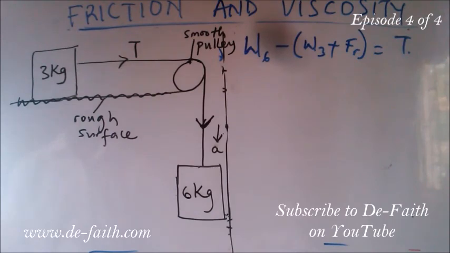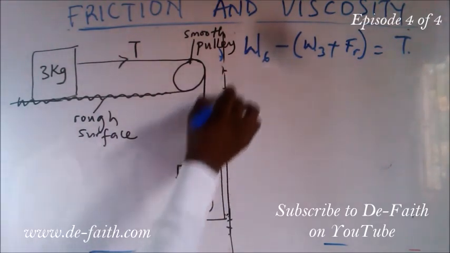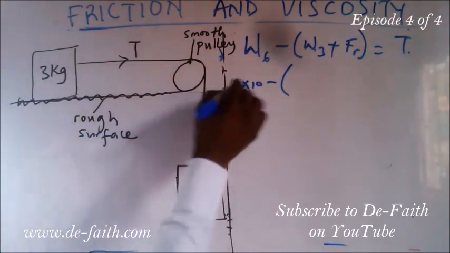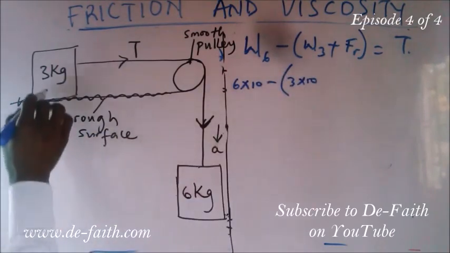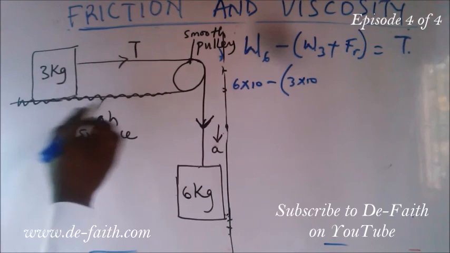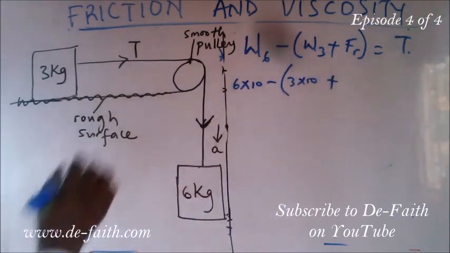The weight of this is the mass times 10, minus the weight of the 3 kilogram, which is 3 times 10, that's 30, plus the frictional force.